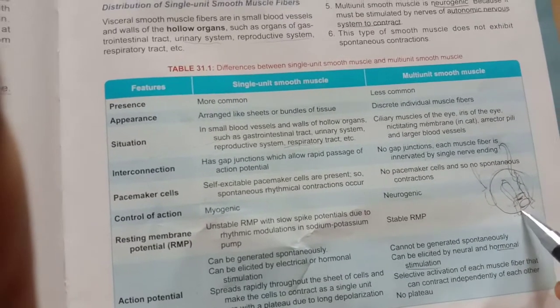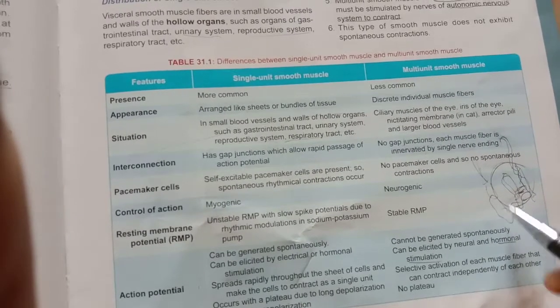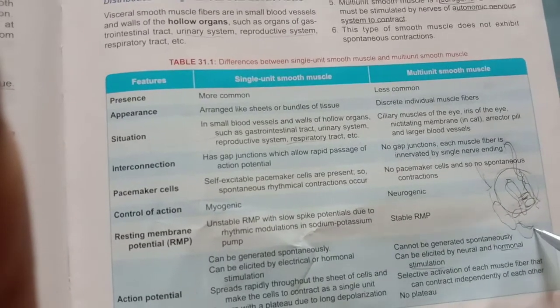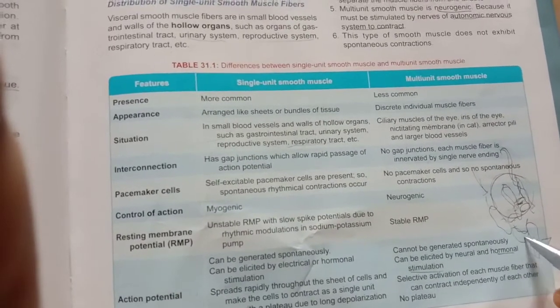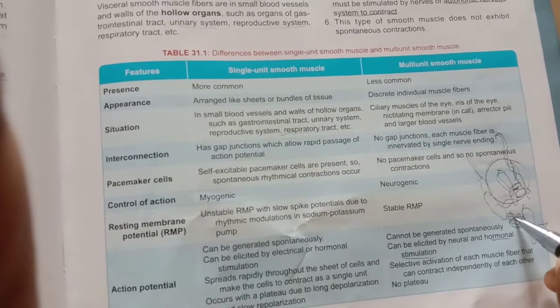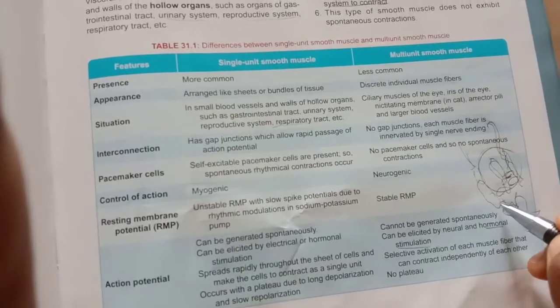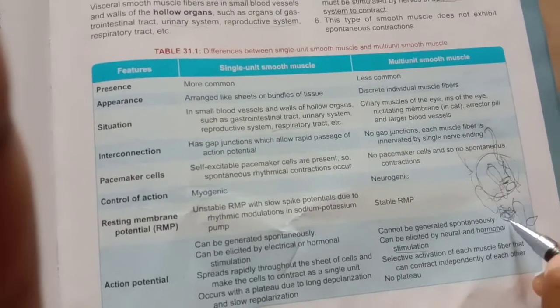Like this, there are gap junctions for each and every muscle. So for every muscle in the sheet, every muscle is attached through the gap junction. Through this the information is passed to all the muscle fibers and they perform the function at once.